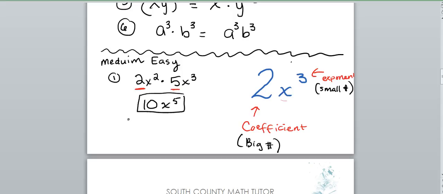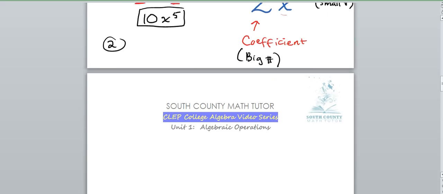Okay? Number 2. Let's say you are dividing 100 a cubed divided by 10 a. Okay, so what you do is this time you're dividing: your regular operation for your big number, your coefficient, is division. 100 divided by 10 is 10. a cubed, what is the power of this just a?